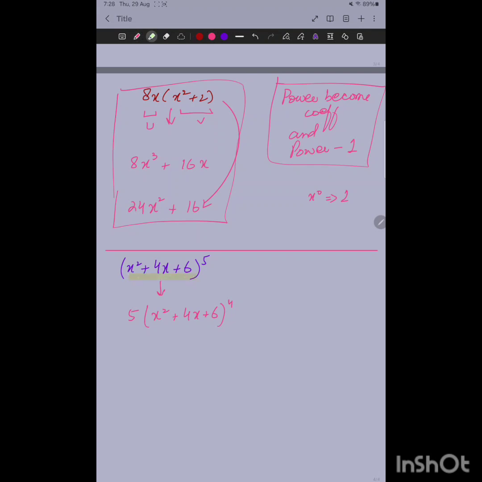So we can write it like this: x square plus 4x plus 6. This term will stay as it is, and when we take the derivative of this term, it will be 2x plus 4, right? So this is the derivative of this term. This is your answer.